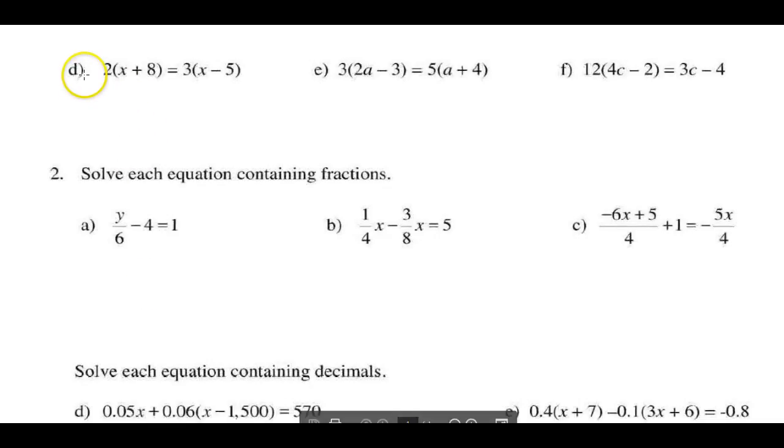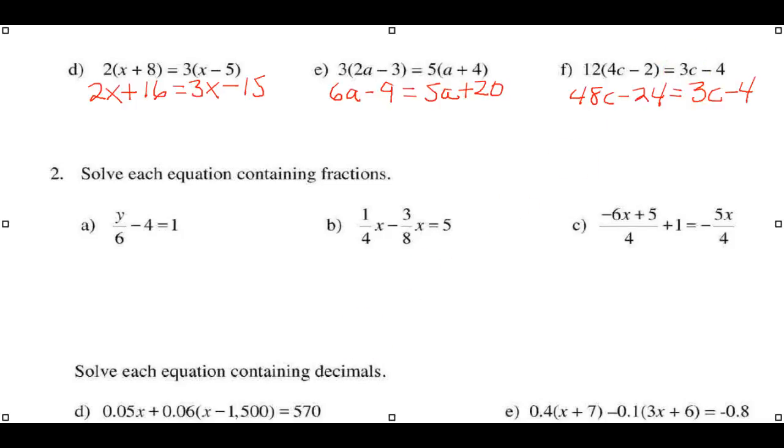Okay, we're going to write this row down, and then let you get rid of parentheses. So we've gotten rid of parentheses. Now we want to get all of our variables onto one side. And we study it a little bit.